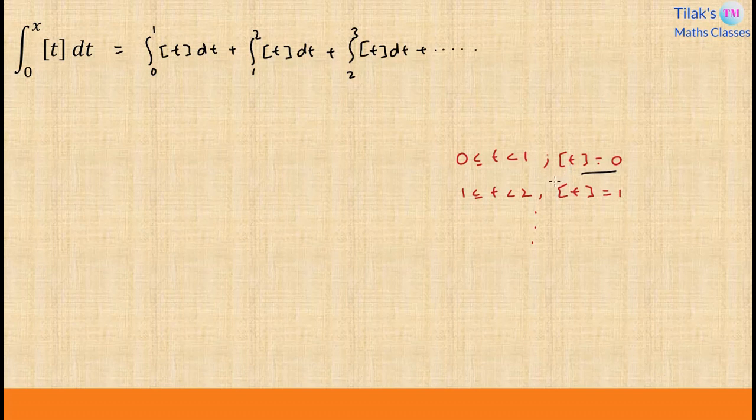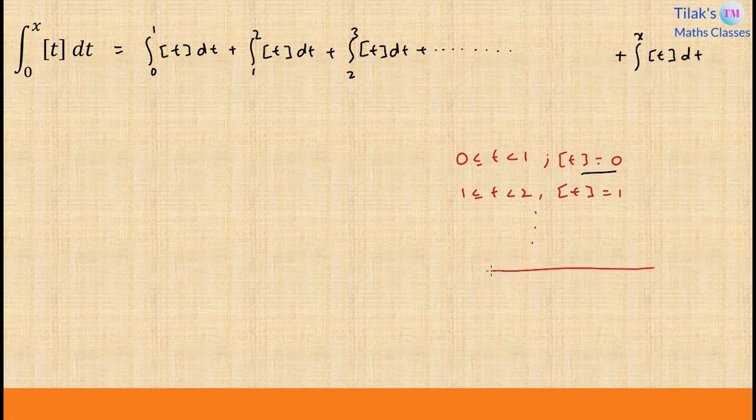Before we write the next step, there is something we have to figure out yet, which is how to terminate this sum. The one thing we are certain of is the last integral will be such that the upper limit of integration for that will be x. What about the lower limit of integration? The lower limit of integration will be an integer that precedes x.